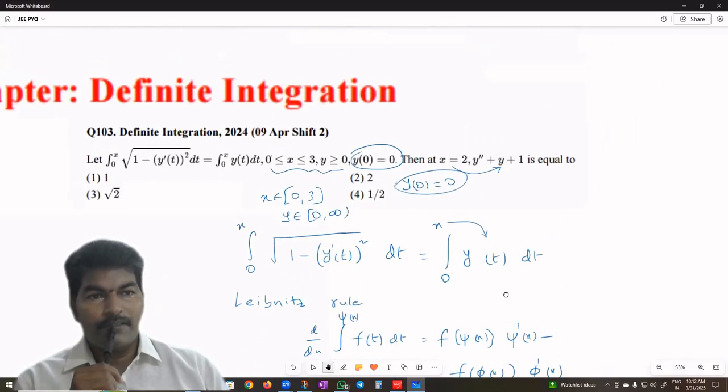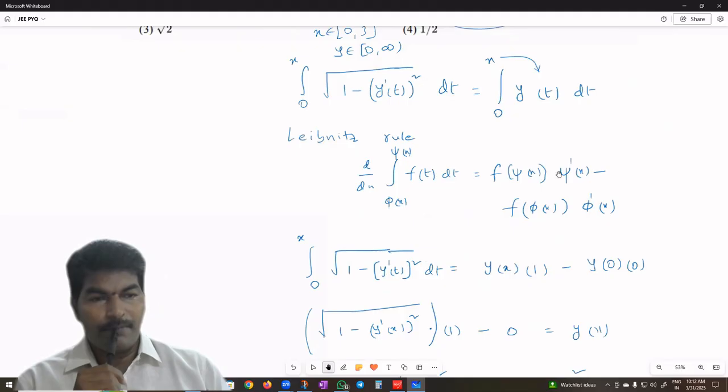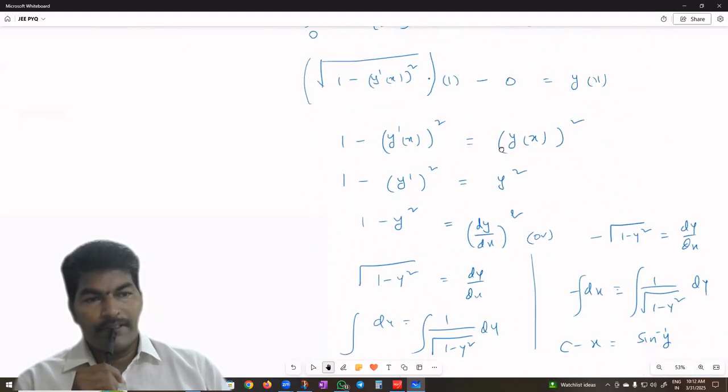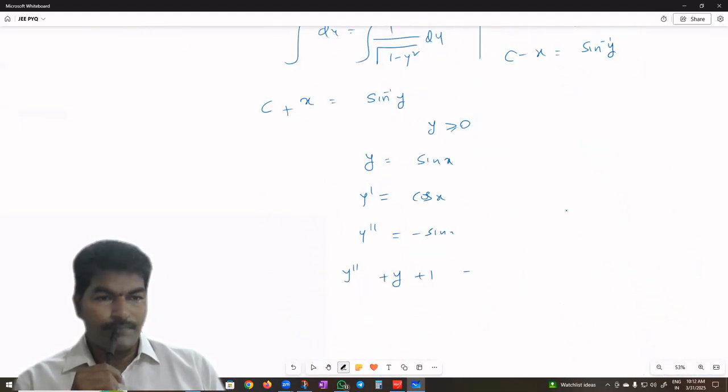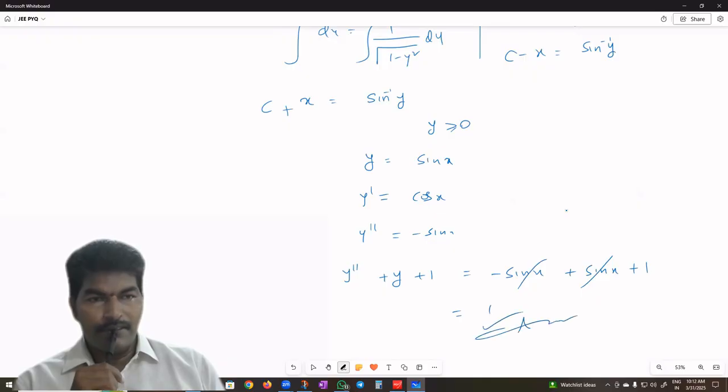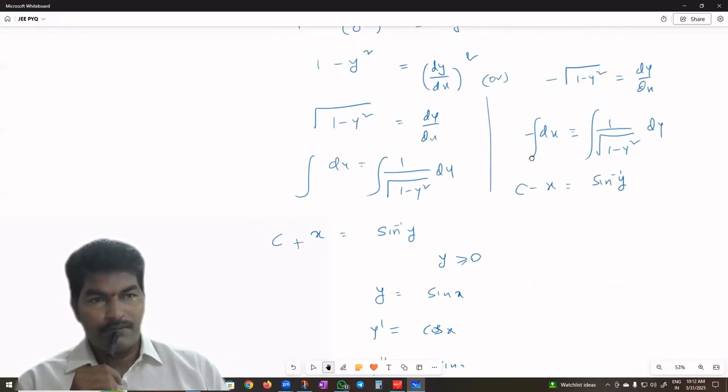What is the problem here? y double dash plus y plus 1 equal to how much? At x is equal to 2, they are asking. Okay, no problem. y double dash is minus sin x. y is sin x and plus 1. Of course, these two things got cancelled. The final answer is 1 for this one. Okay, so which option is correct?